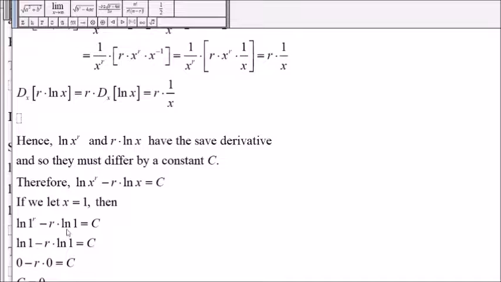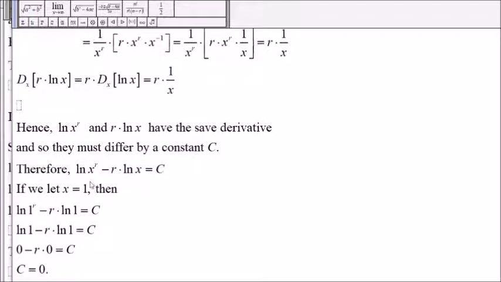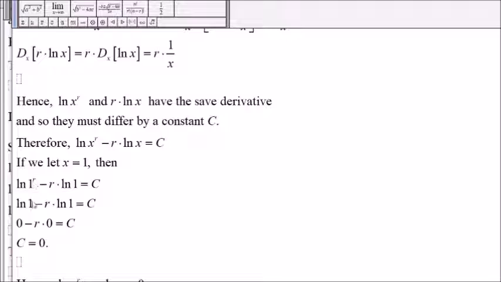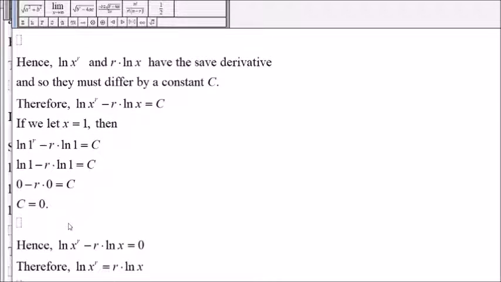If we let x be 1, then we get ln of 1 to the r minus r times ln 1. 1 to the r is just 1, but ln of 1 is 0, because ln of 1 is the area from 1 to 1, which is 0. So this is 0, and therefore c must be 0.